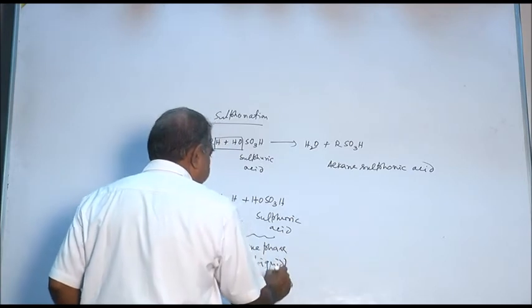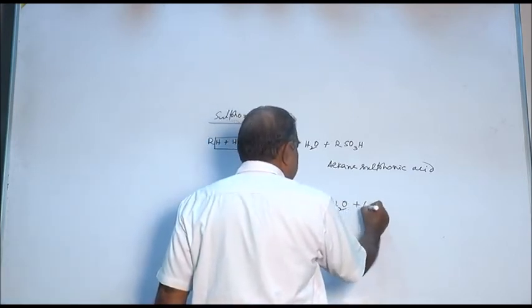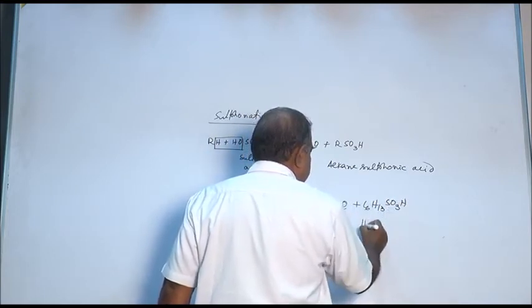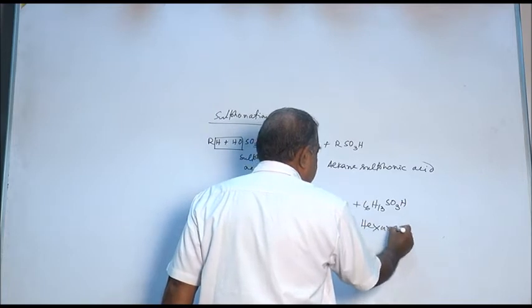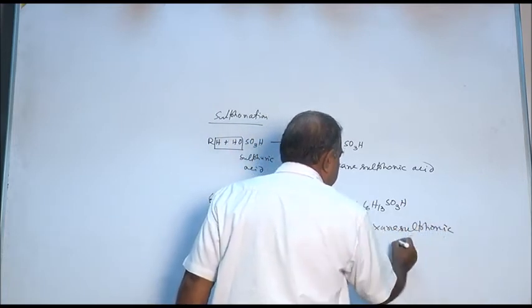So here you get 1 molecule of water plus hexane sulfonic acid. So this is all about the substitution reaction of alkane.